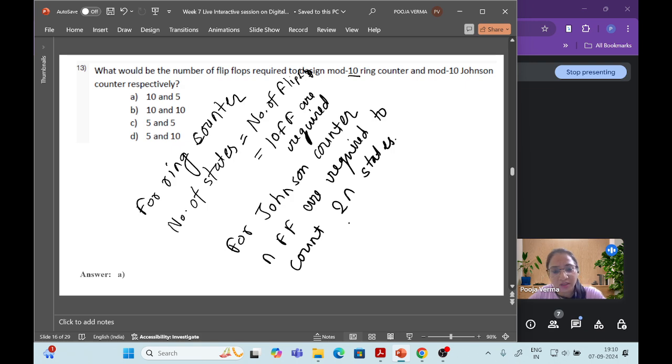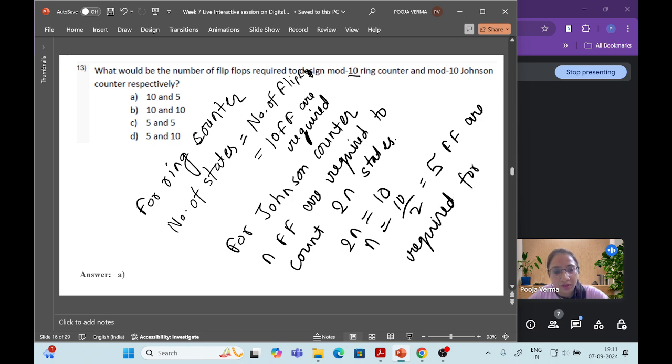So here it is given 10, that means 2n is equal to 10. So in order to find out, 10 by 2, so 5 flip flops are required for Johnson counter.